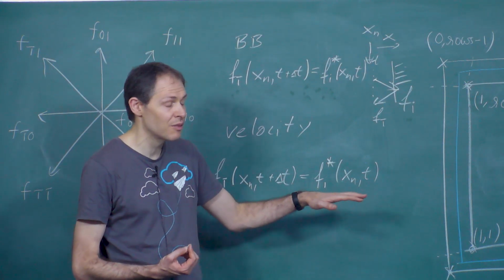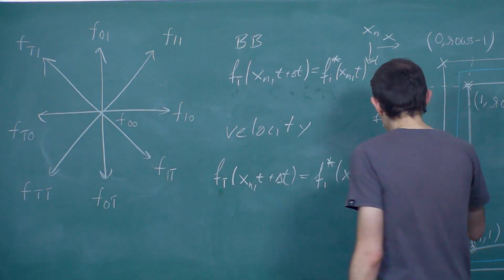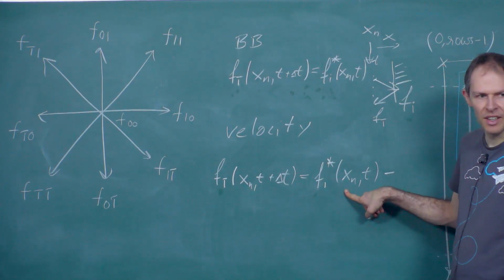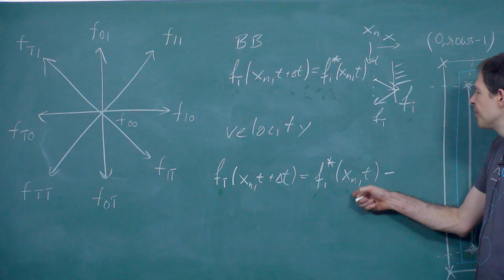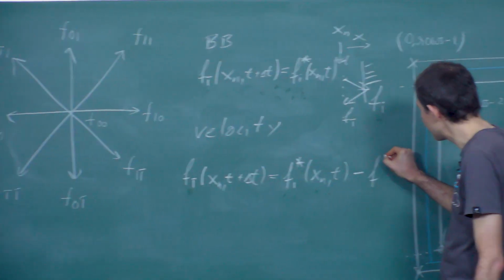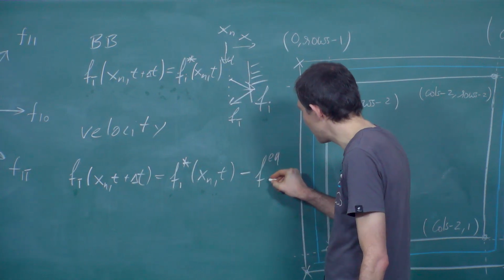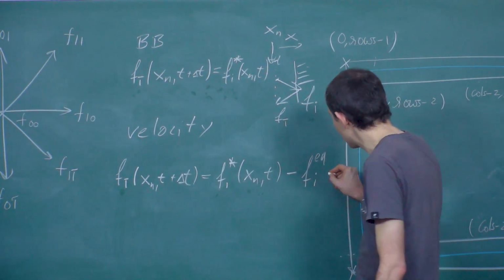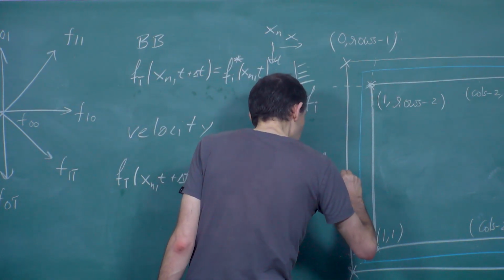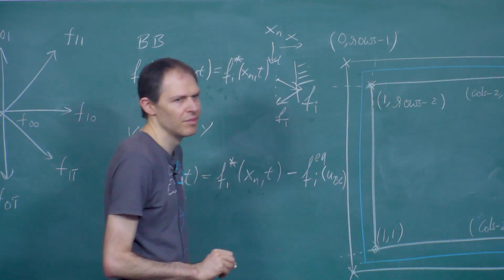So this different velocity can be set by adjusting the equilibrium function of this. So we are subtracting the equilibrium function in the direction i, given the velocity on the boundary, right?